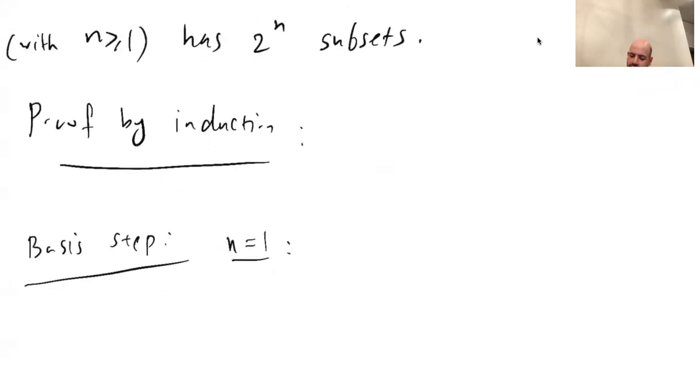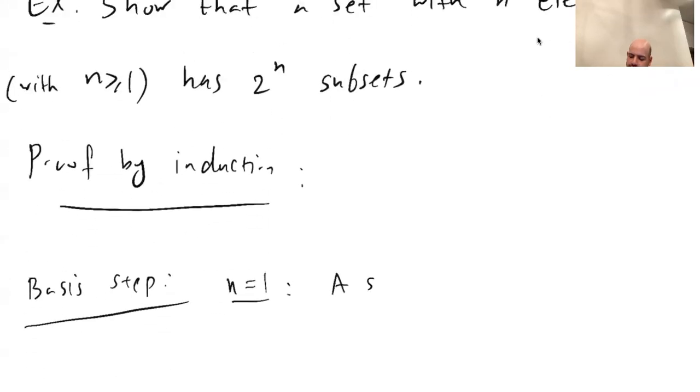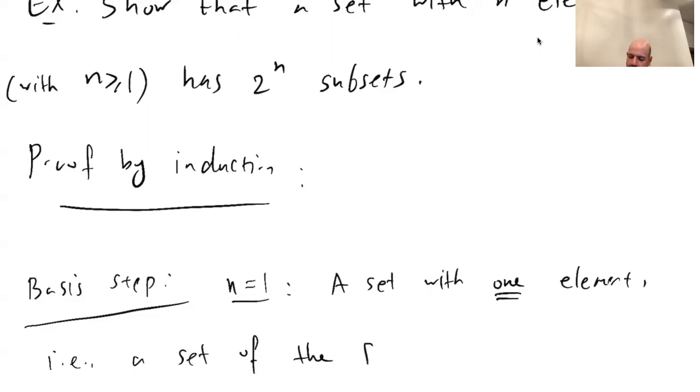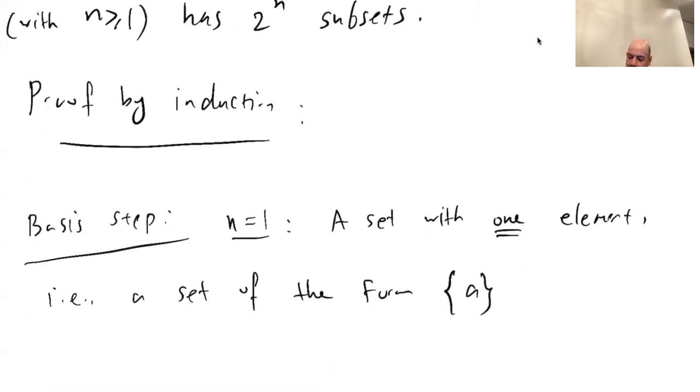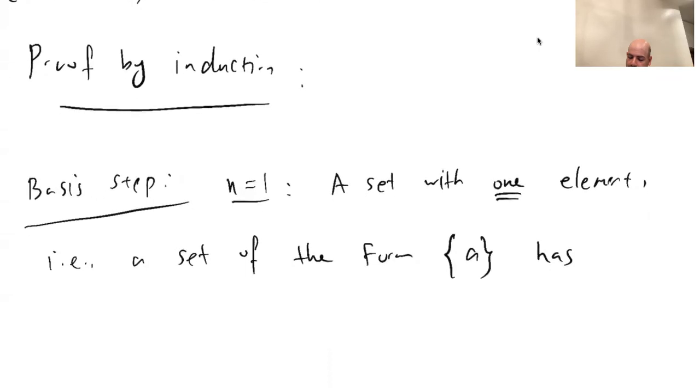So a set with one element, i.e. a set of the form, let's say A, has 2 to the power 1 equals 2 subsets, namely, so a set of this form has exactly 2 subsets.